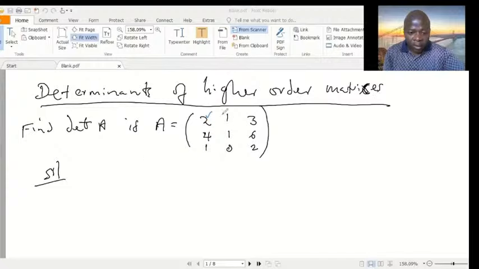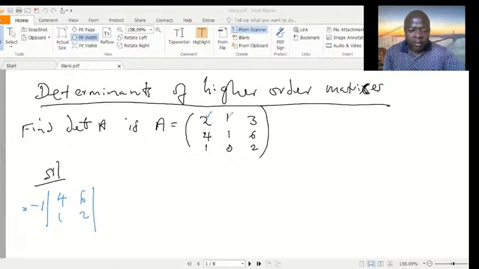Now, in this column, this element is 1. So delete the row of 1 and the column of 1. The matrix that remains is 4, 1, 6, 2. The sign is negative, because it's supposed to be positive, negative.